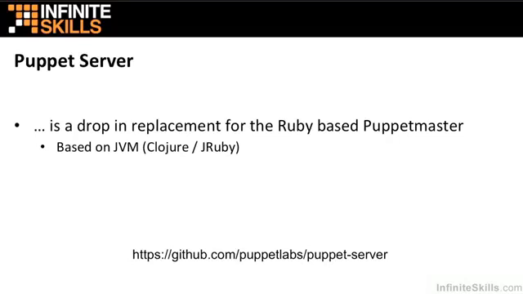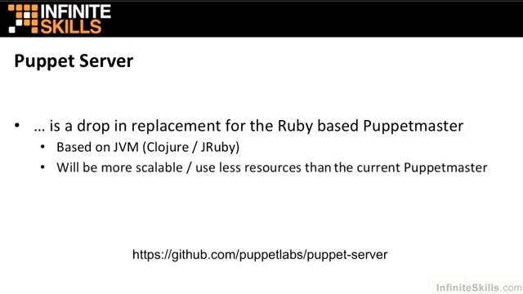Specifically, the Java Virtual Machine technologies of Clojure to operate the Puppet Server, and JRuby, which will allow you to use the Ruby-based modules and applications that have already been developed to support Puppet agents and Puppet Masters. So Ruby will remain the scripting language of the Puppet environment, while the server itself will run on top of the JVM, and we'll be able to use the threading and performance capabilities of the Java Virtual Machine.